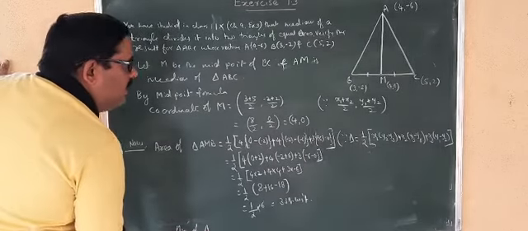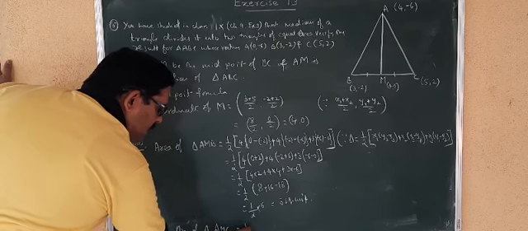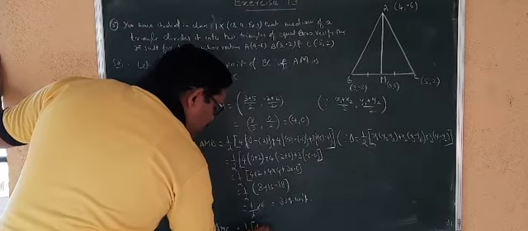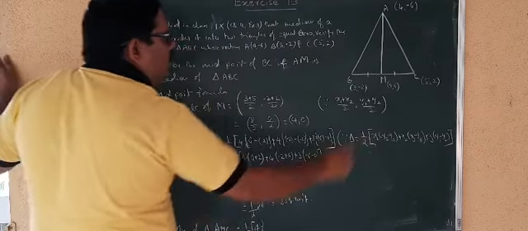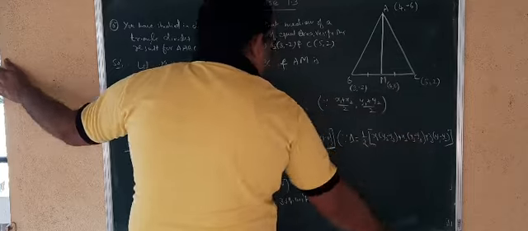Now area of triangle AMC. Half into x1, that is 4, into (y2 minus y3). This is x2 y2, this is x3 y3.